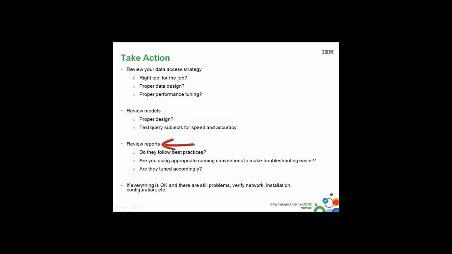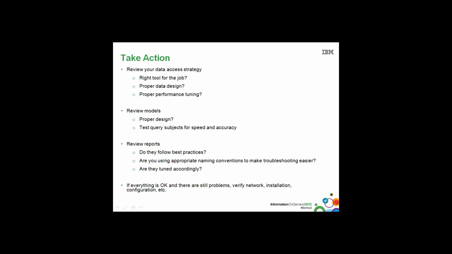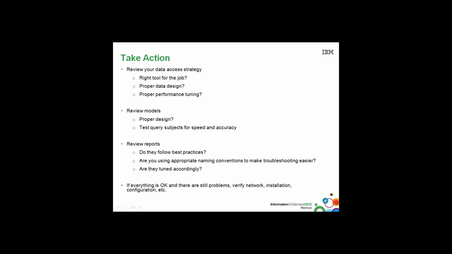You may want to look at your reports and ensure that they follow best practices. Make sure that you're using proper naming conventions to make troubleshooting easier, and ensure that the reports are tuned accordingly. And if everything is okay and there's still problems with performance, you may want to verify your network, your installation, your configuration, and so on.